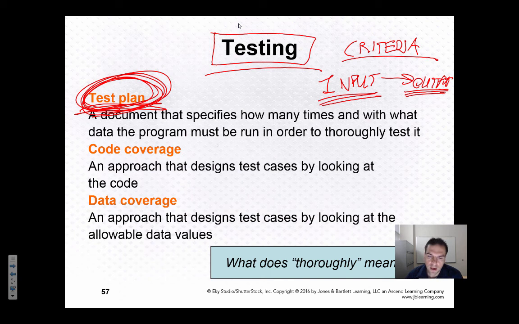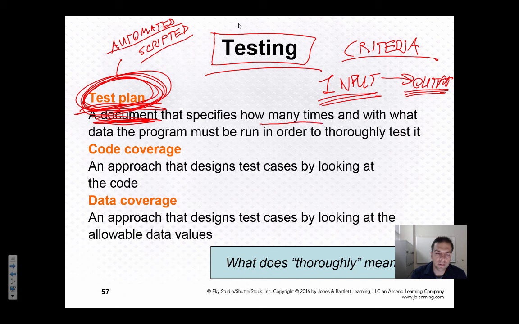So you always need some sort of a plan for proving to yourself and to other people that your program is correct. Generally, a test plan would be a written document, but usually there are automated tests as well, or scripted tests, meaning maybe a storyboard that a person is supposed to go through to make sure that your program does what it's supposed to do in the right situation.